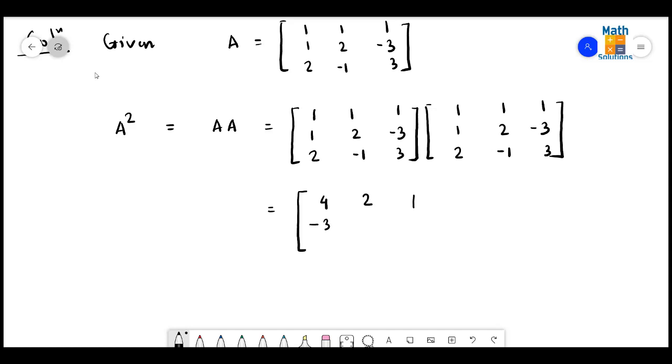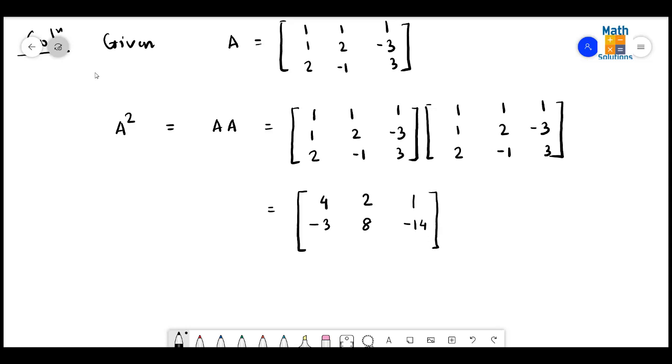Then 1, 4, it will be 5, plus 3, it is 8. Then 1, minus 6, minus 9, the result is minus 14.